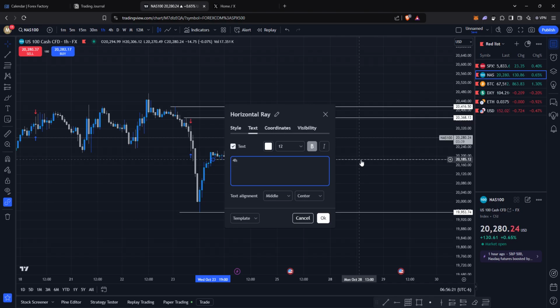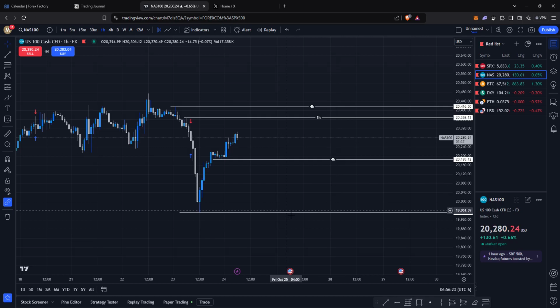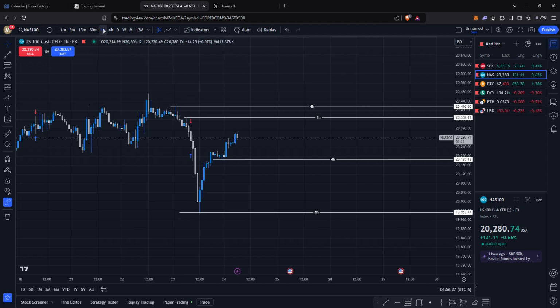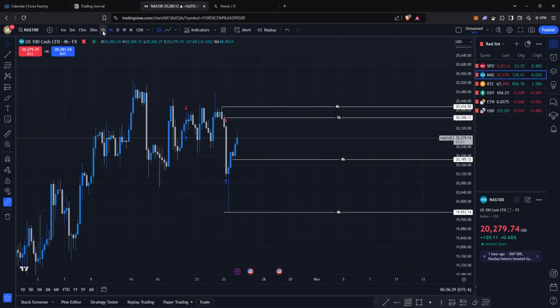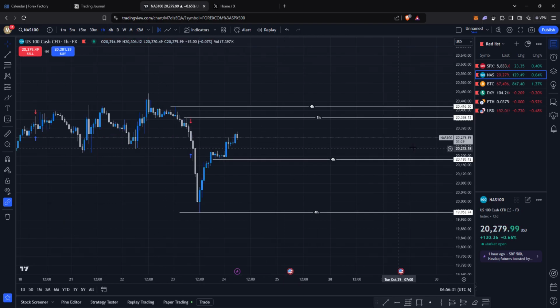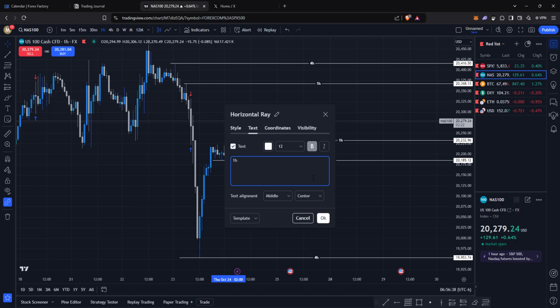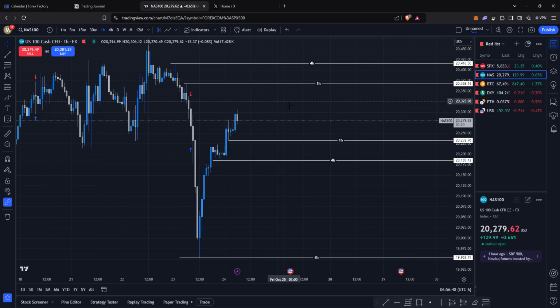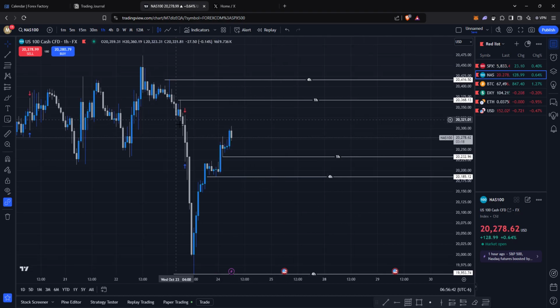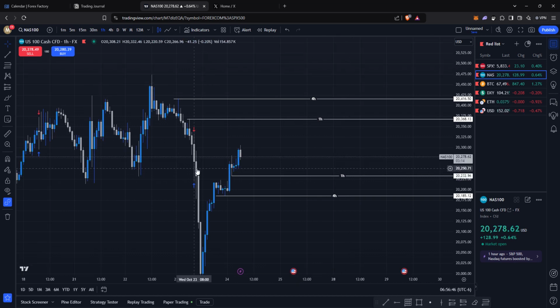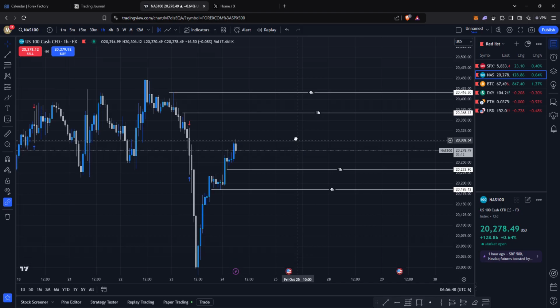No, 4-hour. And this is a 4-hour draw on liquidity too, just to make sure. Yep, 4-hour draw, hourly draw. Yeah, that looks pretty good to me there.